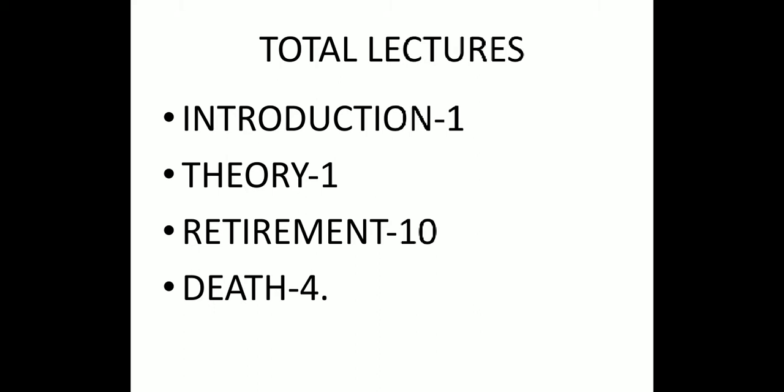Yes? So, introduction and theory 2 lectures plus 10 lectures of sums of retirement is 12 lectures, and death of a partner 4 lectures. So overall this is 16 lectures. Yes? So perfectly 16 lectures you have to study.